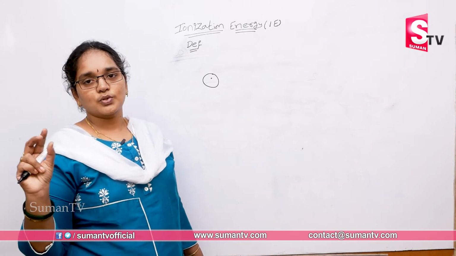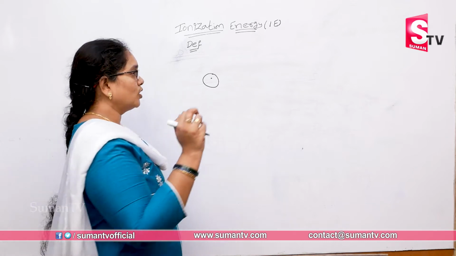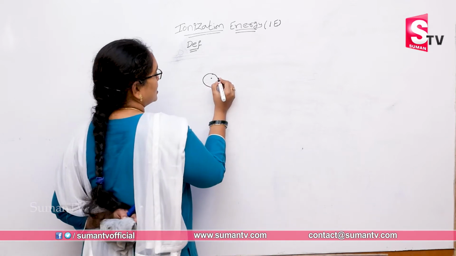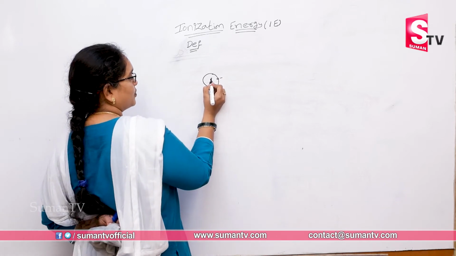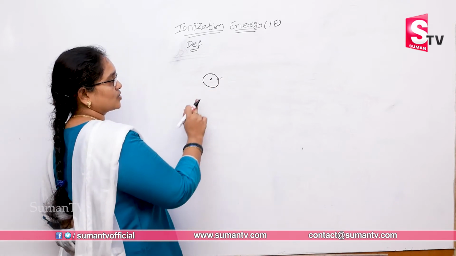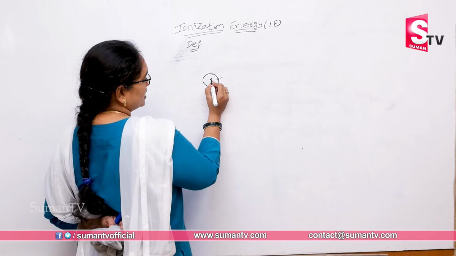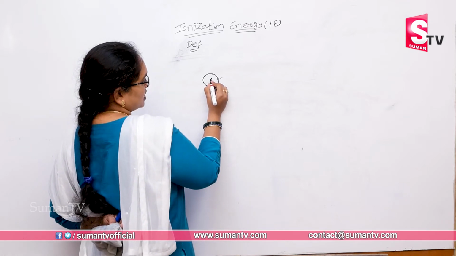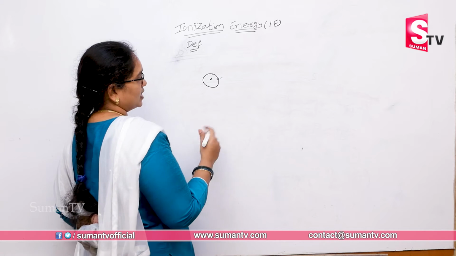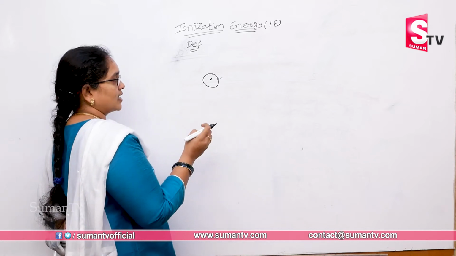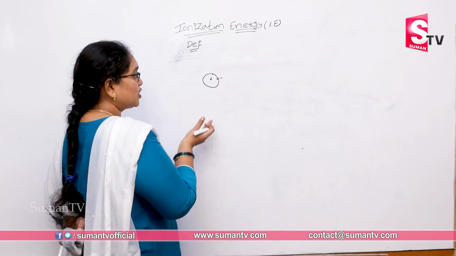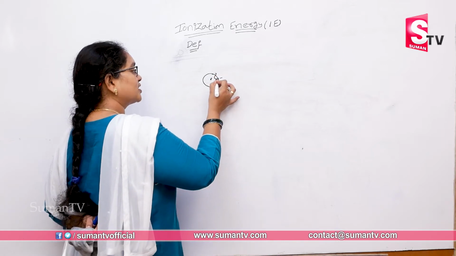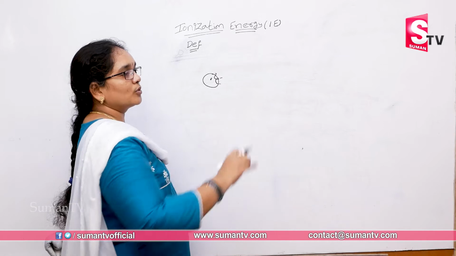Isolated, gaseous, neutral atom. We know that electrons are present in the extranuclear shell and protons are present at the center of the atom, called the nucleus. Between the positively charged nucleus and the negatively charged electron, there are always attractive forces. We need to break these attractive forces and remove the electron.